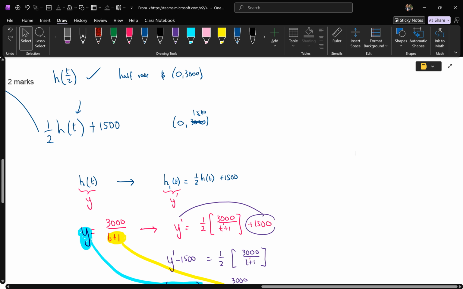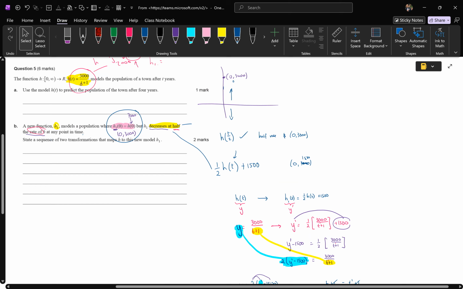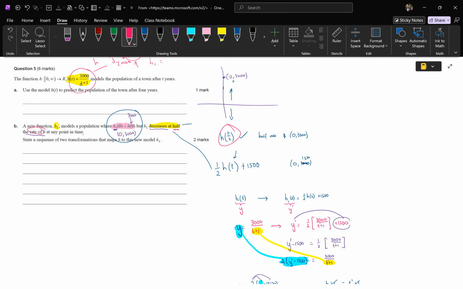Otherwise, technically, from what I understand, it should have just been t over 2, and that would have solved the problem. Okay, so I think this one is a poorly written question last year. I think Mr. Bagier agreed with that one too. That decreases at half the rate of h at any point in time.